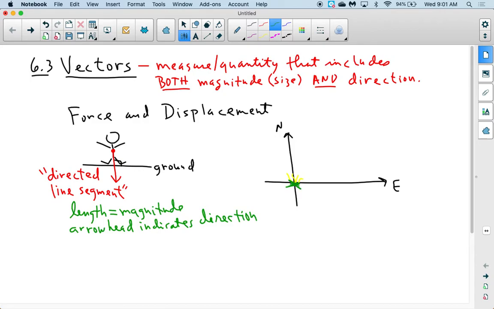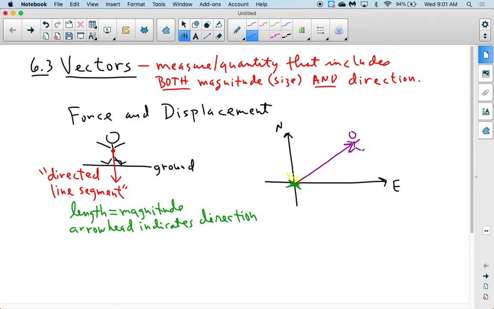And if Juliet wanders away, here's Juliet out here, it's not enough to know how far she is away. We have to know not only how far she is away, but in what direction she is. So again, this is just an example of a vector quantity.